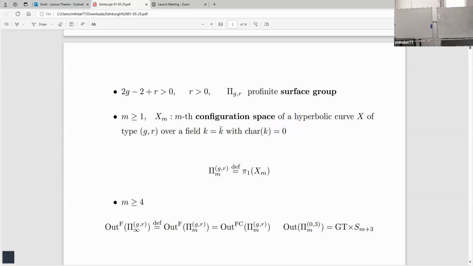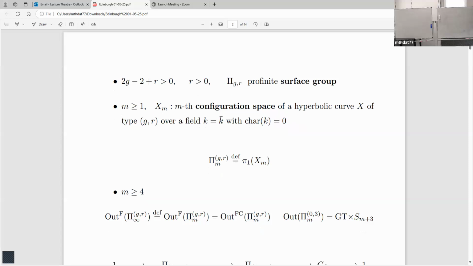By definition, Out^F of pi_GR infinity is equal to Out^F of pi_m GR when m is at least 4. In the (0,3) case, this is related to GT, as we have seen in various talks. So GT appears naturally in the study of these configuration spaces.